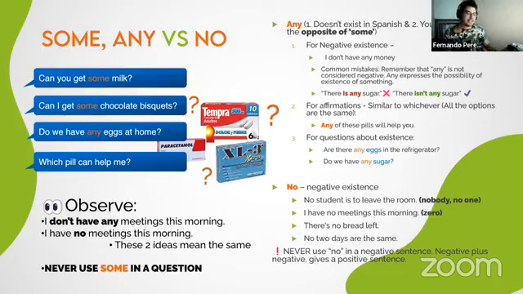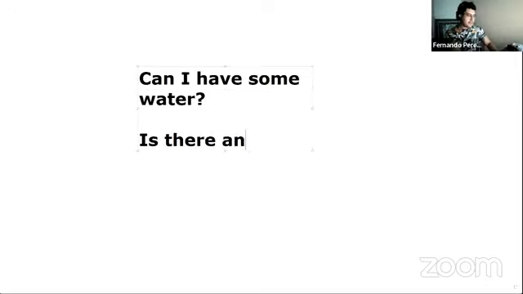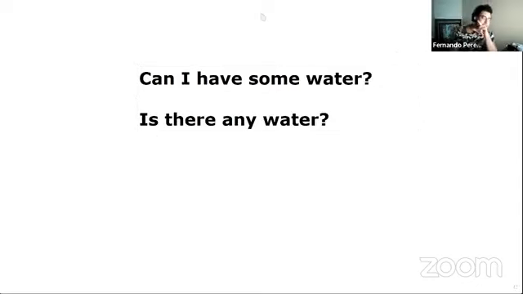So what you need to establish here is the difference between can I have some water and is there any water? The key point in these conceptions is that number one, when you say some, it's because I know there is water.